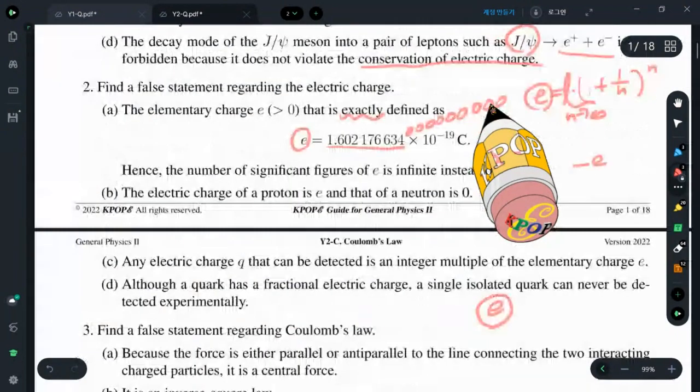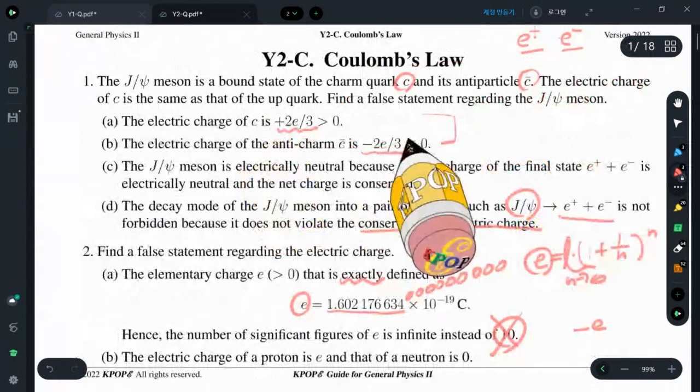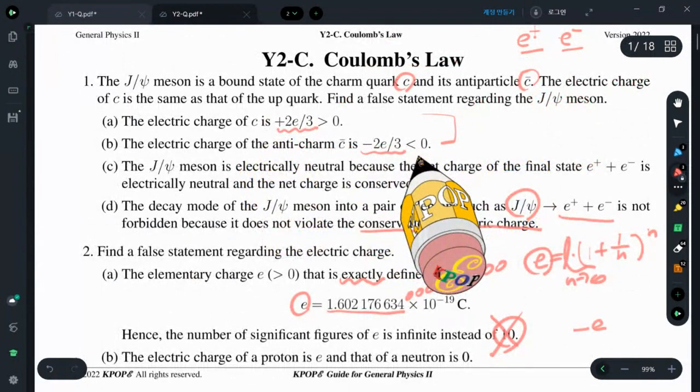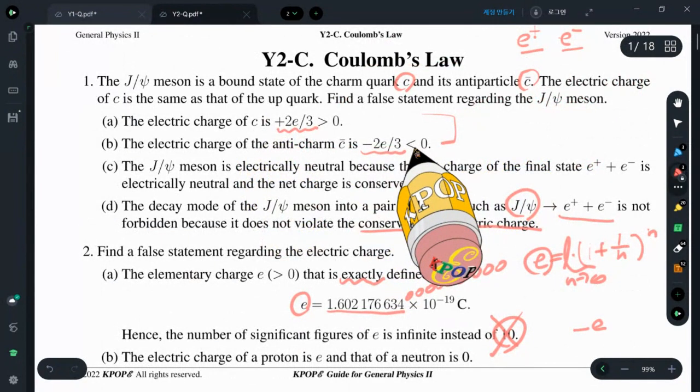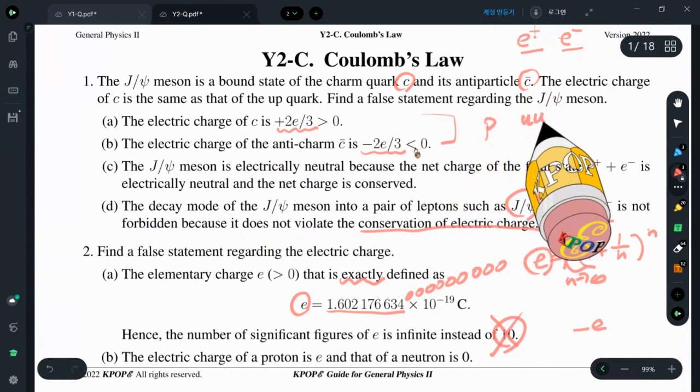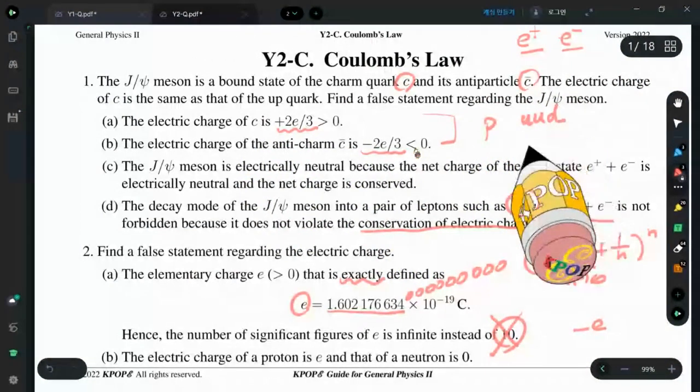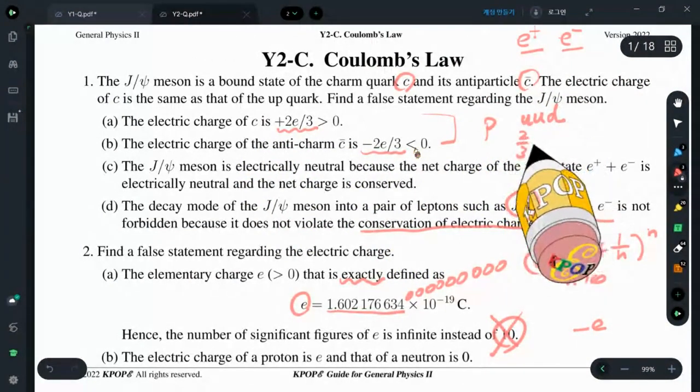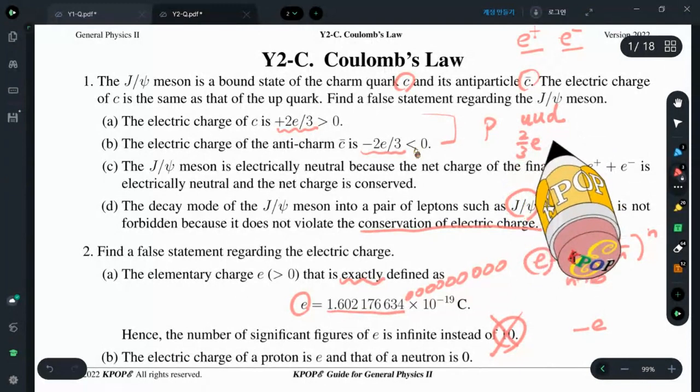Sure, there are quarks that have a very strange amount of electric charge, but a quark has never been observed separately. It is always included inside a hadron. For example, a proton consists of up quarks and a down quark. Up quark has 2/3.